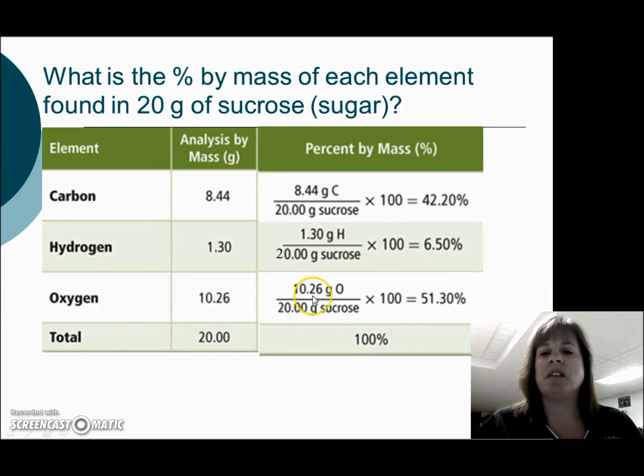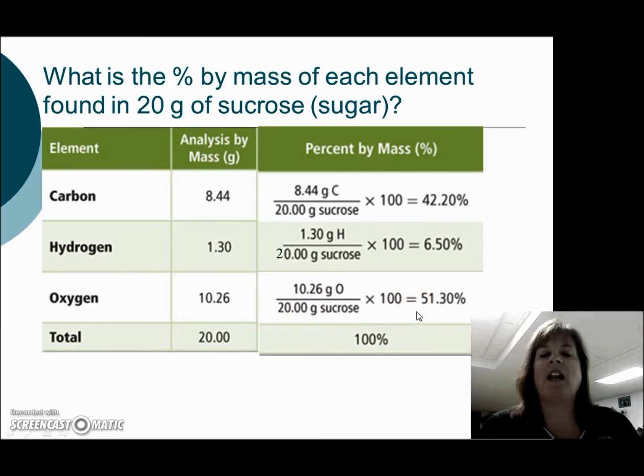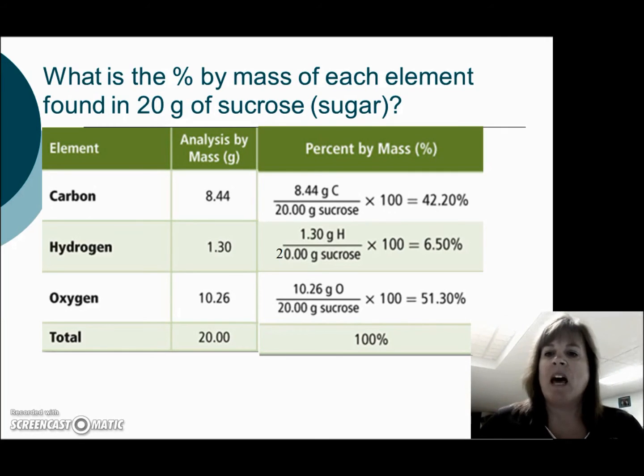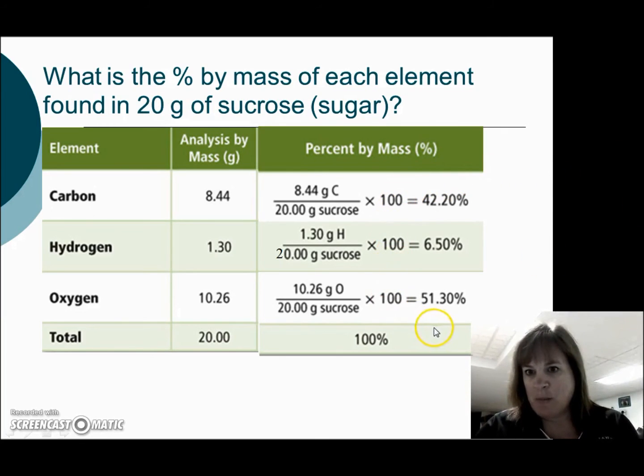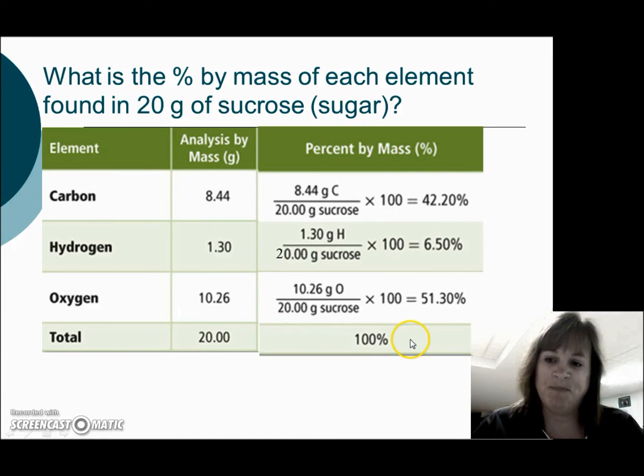And of course, we can do the same with the oxygen, 10.26 grams of oxygen divided by 20 grams of sugar, multiply by 100, and we'd find that oxygen is 51.3% by mass of sugar. Now, because this is a percent and we're dividing each part by a whole, if these equal 20, then when we add these up, this better equal 100.